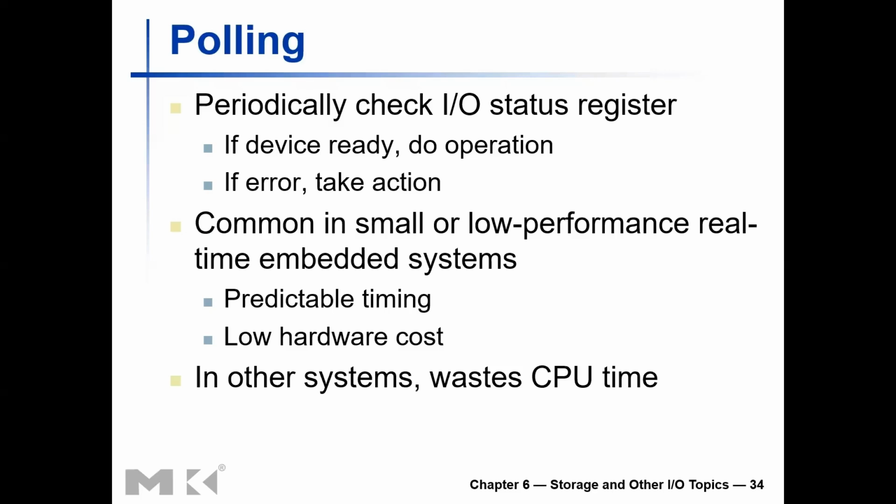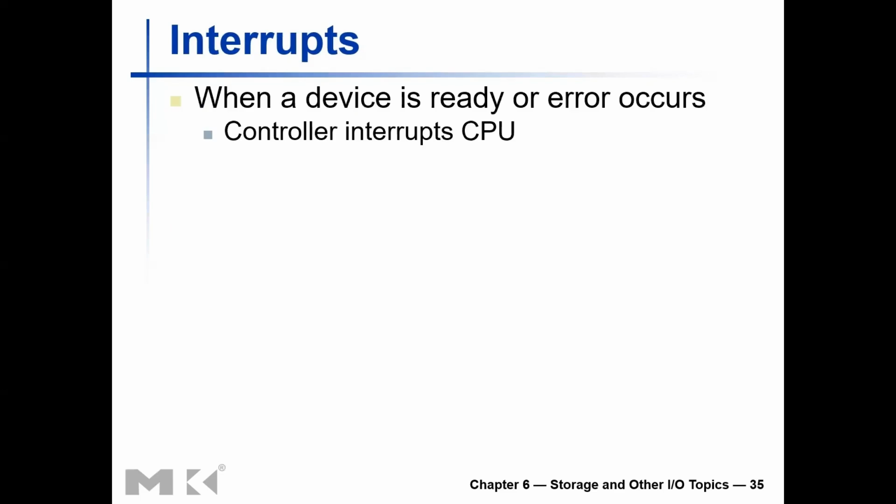So low hardware cost because the software will take care of the communication. In other systems, if you try to run a program to check a device, it will be looping and the CPU time will be wasted. Therefore, we go for the interrupt mechanism. Here, the device has to initiate the communication. It will send a signal request to the processor asking for the service. So it is happening when a device is ready or an error occurs.